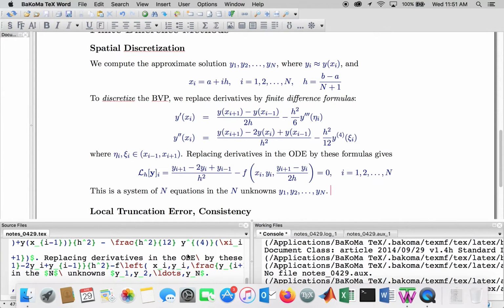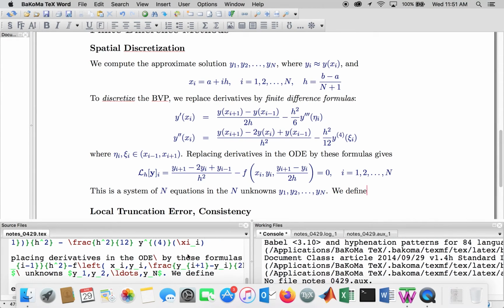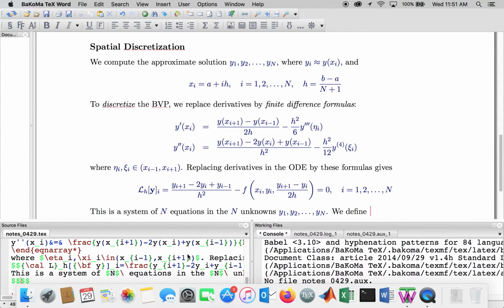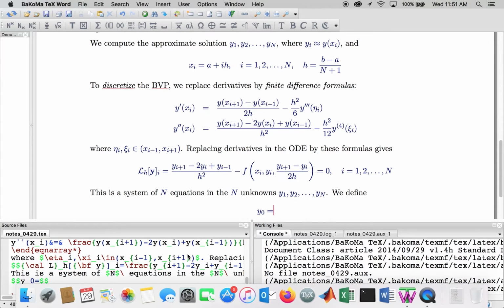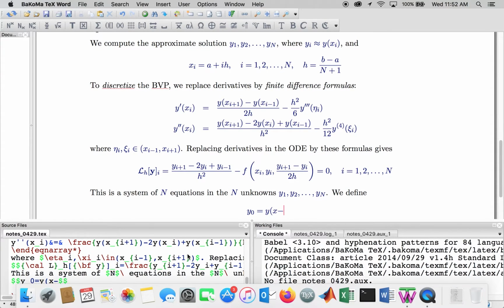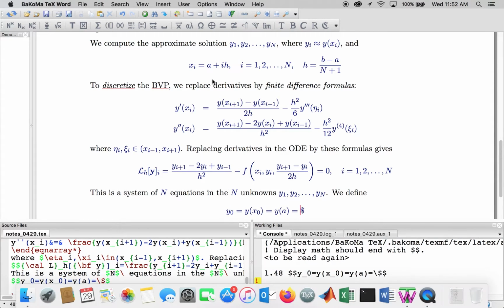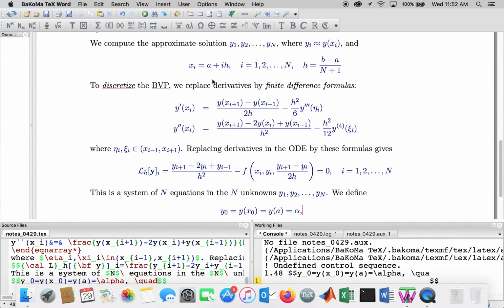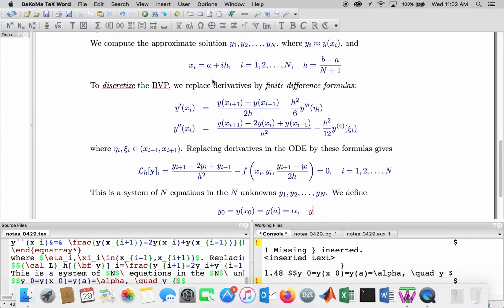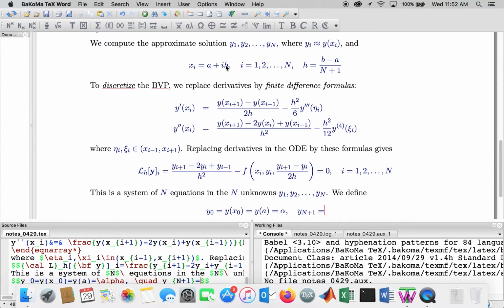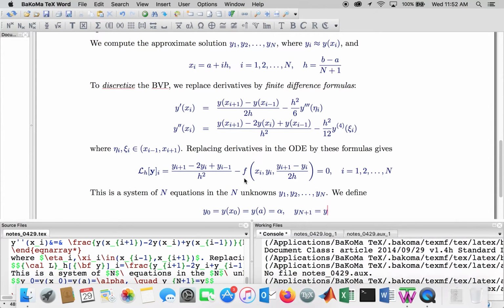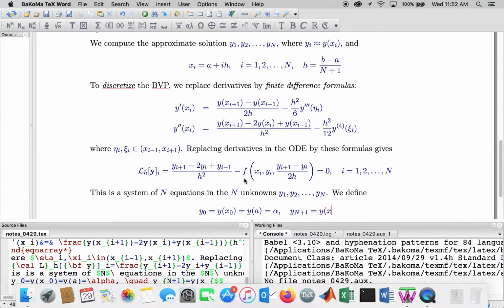But we can define those using boundary conditions. y0 is the exact solution at x naught, and x naught would be just a. We know what it is: that's alpha. Whereas y n plus 1 is equal to y at x n plus 1.